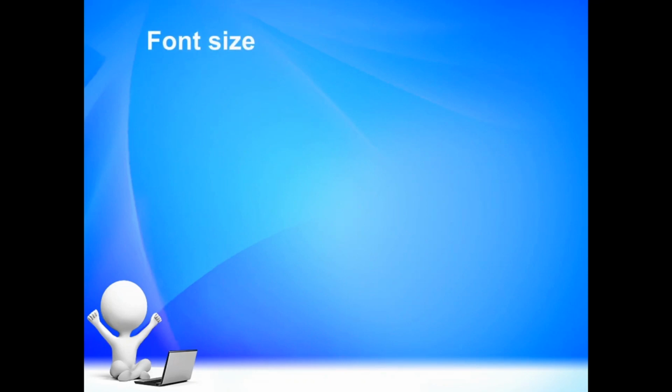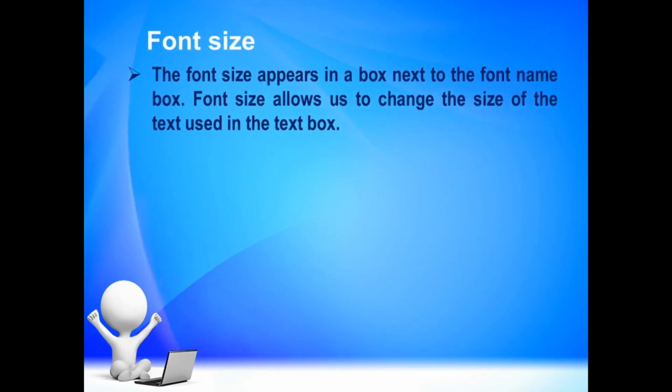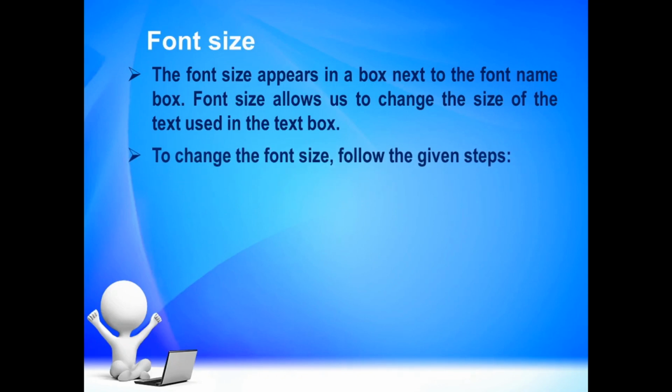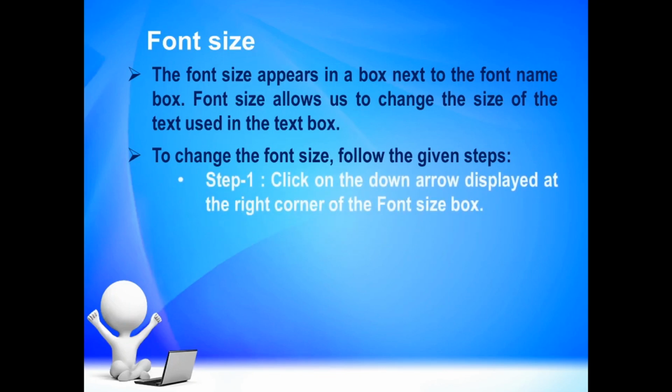Now, font size. The font size appears in a box next to the font name box. Font size allows us to change the size of the text used in the text box. To change the font size, follow the given steps. Step 1.